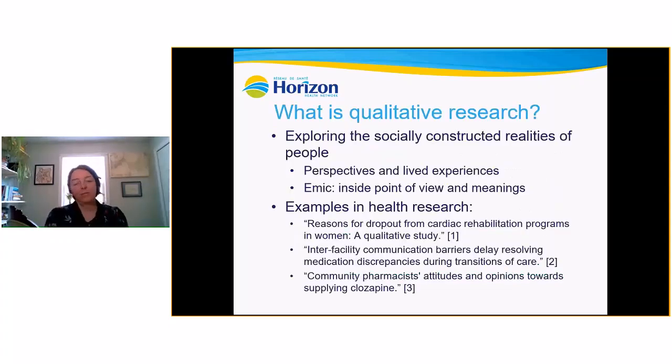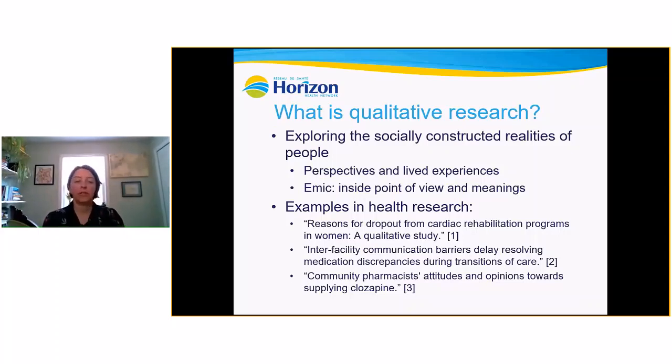So just a little more on qualitative research. So really, you're exploring the socially constructed realities of people. And this goes back to the philosophical underpinnings of different types of research. But essentially, you're focused in on people's perspectives and lived experiences.